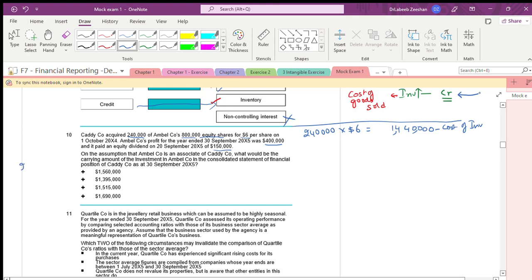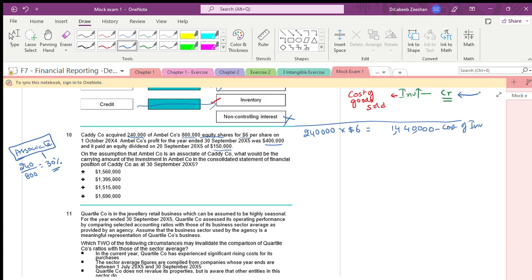See, 240 divided by 800 is how much? It is 30%. If it is 30%, it is going to be identified as an associate.